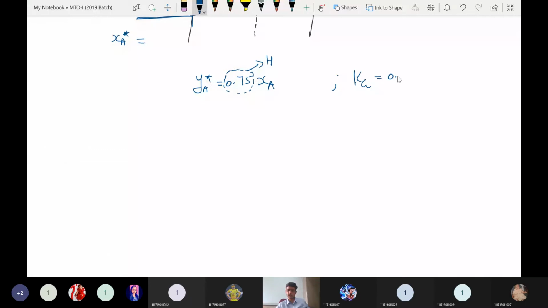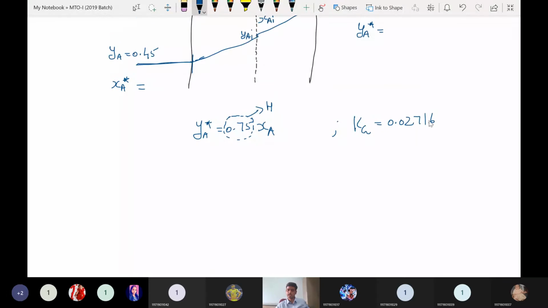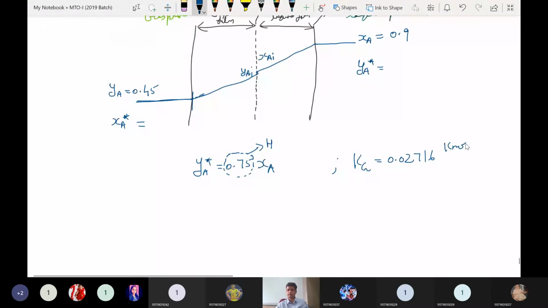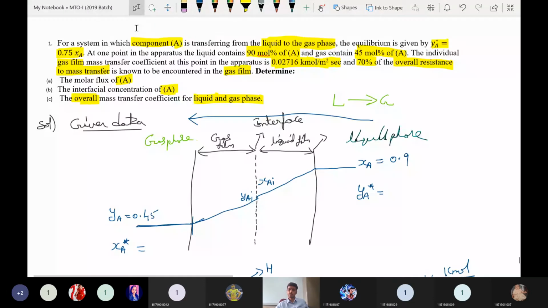Kg is equal to 0.02716 kilomole per meter square second. Then, 70% of the overall resistance to mass transfer is known to be encountered in the gas film.